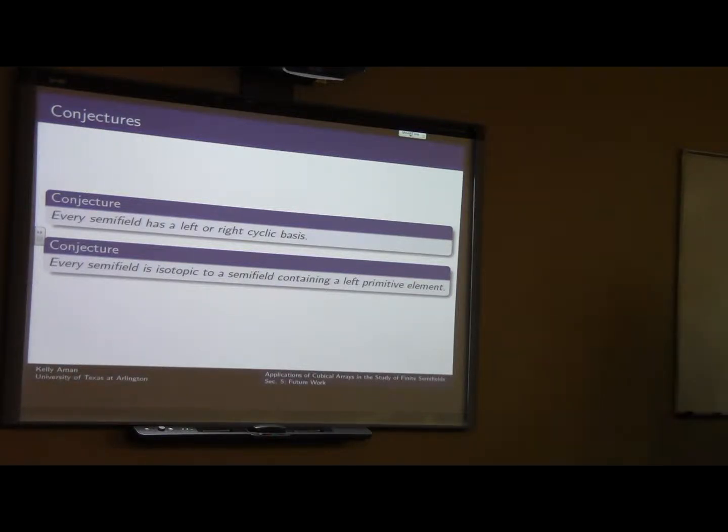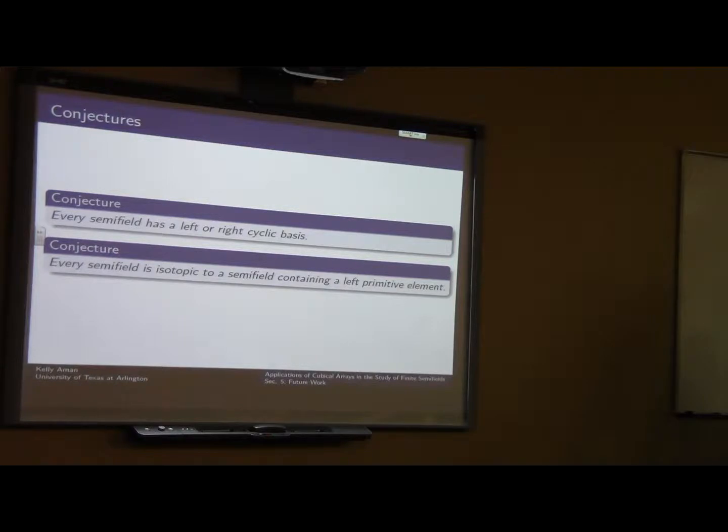Why is isotopic... You remember that was the very beginning of your talk. Why is isotopic even? Oh, because isotopic semifields coordinatize isomorphic projective planes. So is there a property of having a left primitive element that shows up in the associated projective plane? I don't know. I don't think so, but there might be.